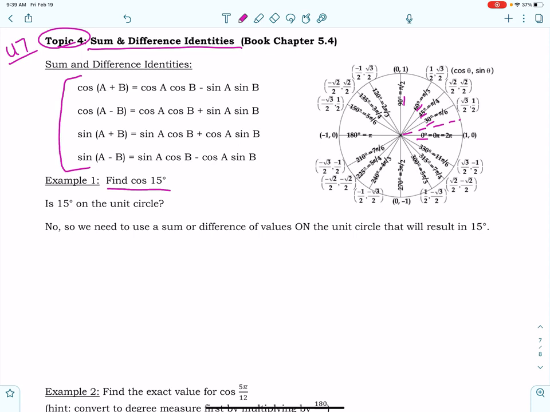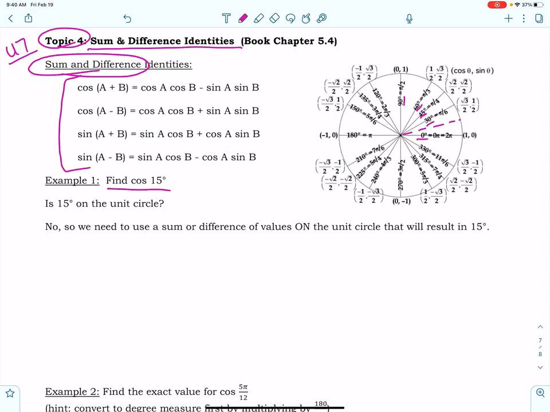So since 15 degrees is not on the unit circle, I need to use some values that do occur on the unit circle and either add them or subtract them, sum and difference identities, to get 15. Well, I'm no math genius, but adding two values to get you 15 is going to involve a negative and a positive.